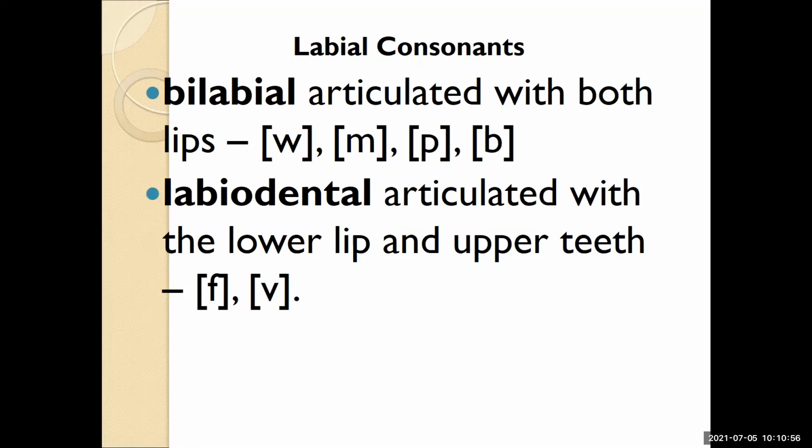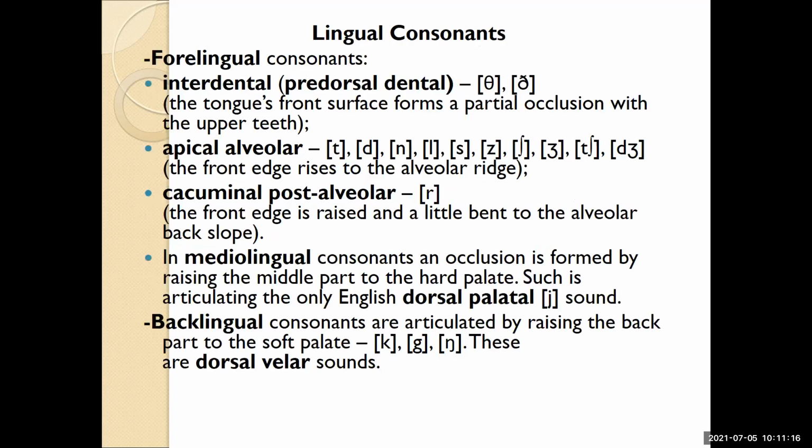Bilabial consonants are articulated with both lips, and they are w, m, p, and b. Labiodental consonants are articulated with the lower lip and upper teeth, and the two labiodental consonants in the English language are f and v. Now, lingual consonants.